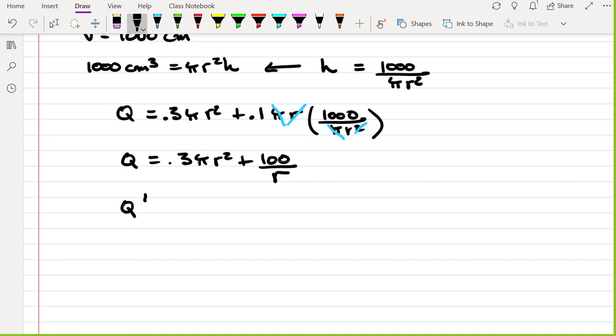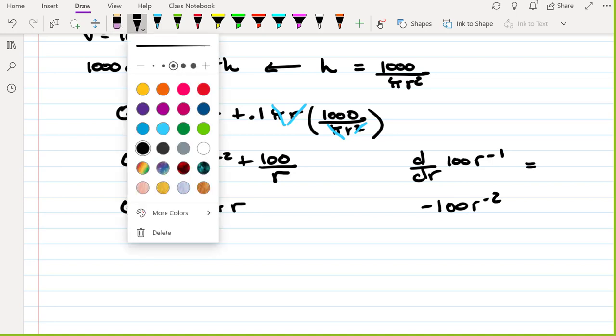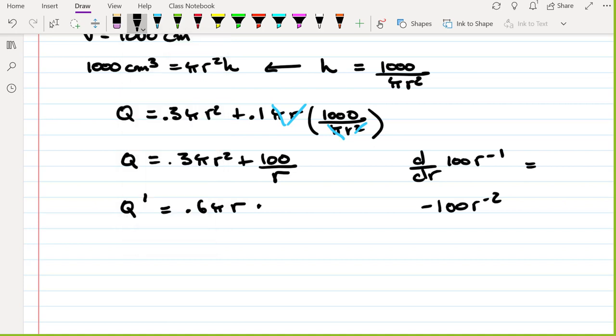We take its derivative, so C prime is 0.6 pi r plus the derivative of 100 over r, we can write it as 100 r to the negative 1. So if we take its derivative, we're going to get negative 100 r to the negative 2. So kicking the r back into the denominator, we get minus 100 over r squared.